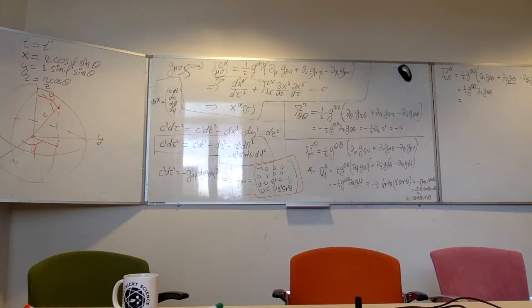Okay, g theta theta upstairs, 1/r squared. Then take the derivative with respect to r of g theta theta downstairs, which is another r squared. Blah blah blah, 1/r. And that's also one that I have on the list. Now this is how you do it.